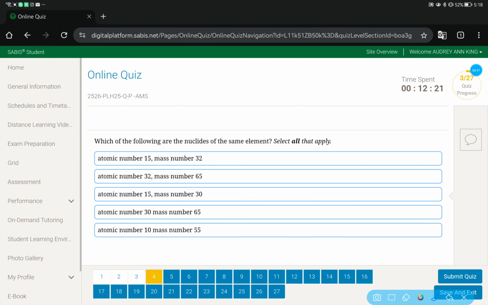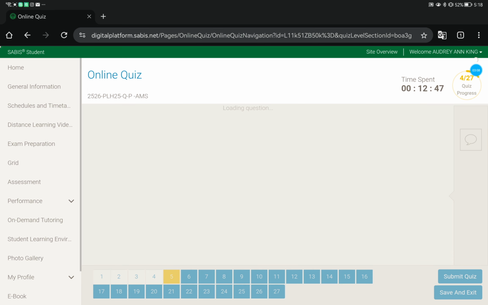So for 10, there's no other option that also has 10 in it, so it can't be correct, because we need the atomic number to be the same. It's the same thing with 30 and the same thing with 32. But the atomic number for these two options is the same, because again, we don't care about the mass number, which is why these two are correct. Does that make sense?